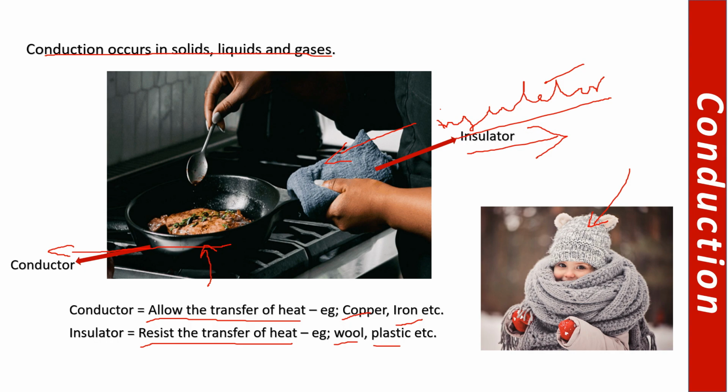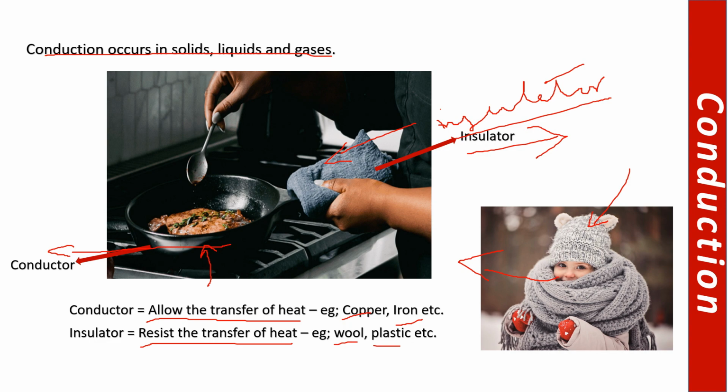Because we do not want our body to emit heat into the environment. We want to trap that heat close to our body, and we do not want it to transfer into the outer atmosphere, right?